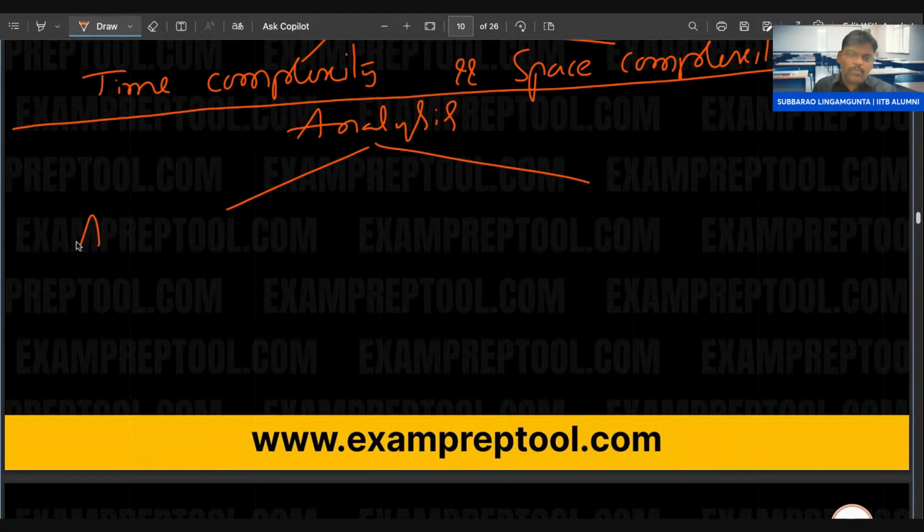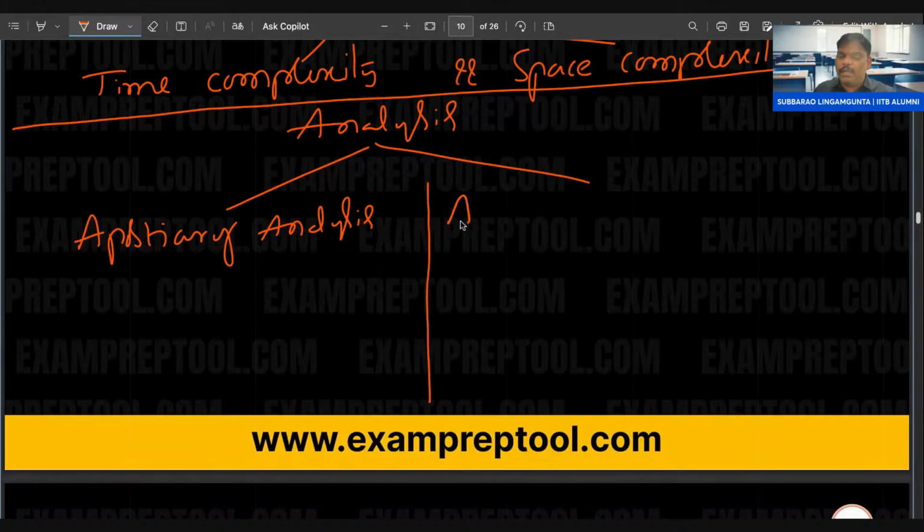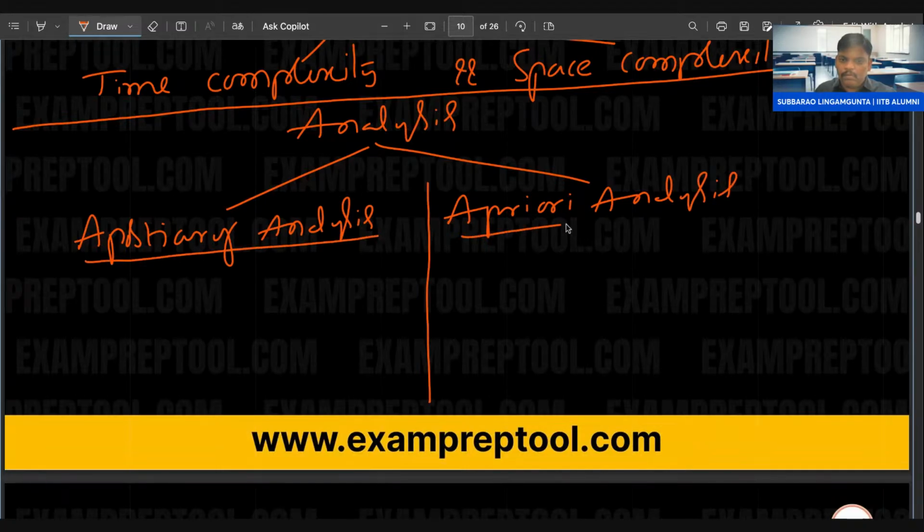One is going to be post-theory analysis, another one is a priori analysis.